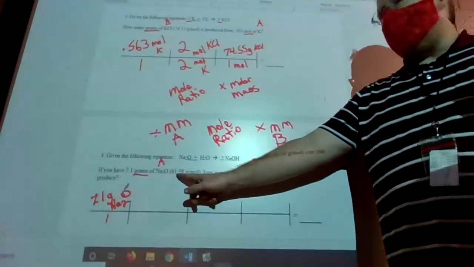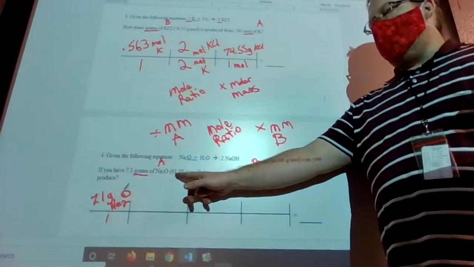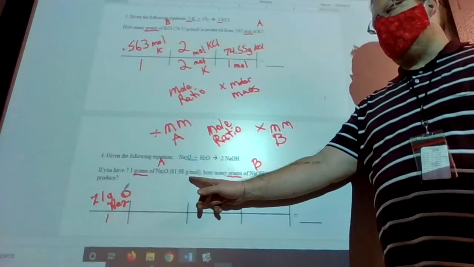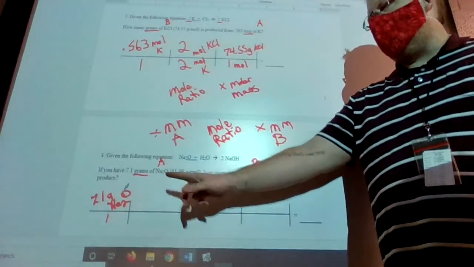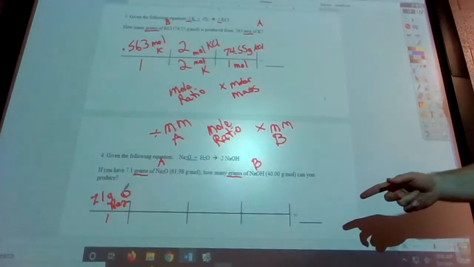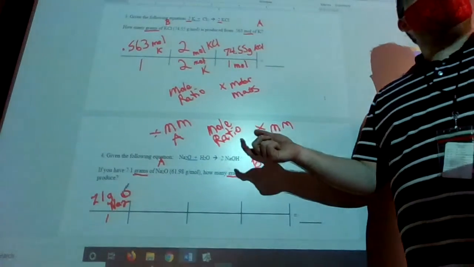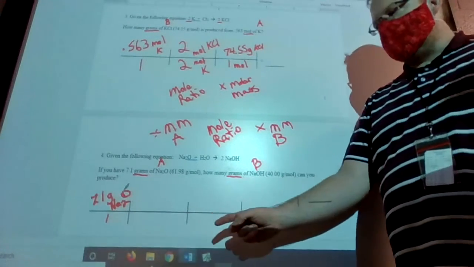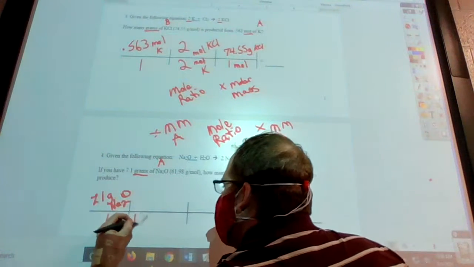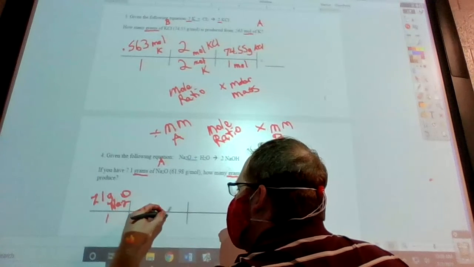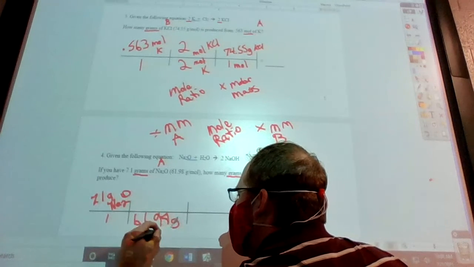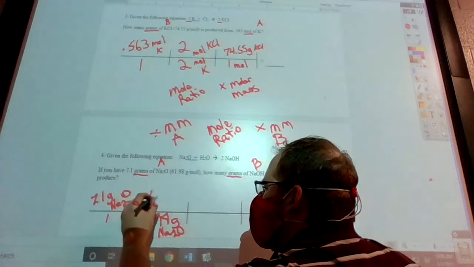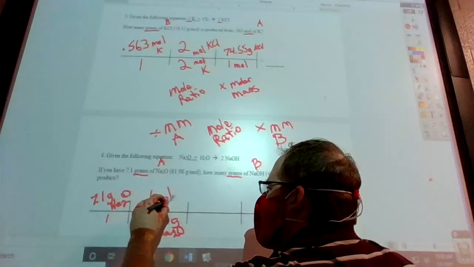So I need to divide by this molar mass. And they give me the molar mass, 61.98 grams. If I didn't know it, I'd look it up from the periodic table, add up 2 sodiums and 1 oxygen. Should be 61.98. So I need to divide by that. Am I going to put it on the top or the bottom? It's got to go on the bottom. So the 61.98 grams of Na2O goes on the bottom over 1 mole.